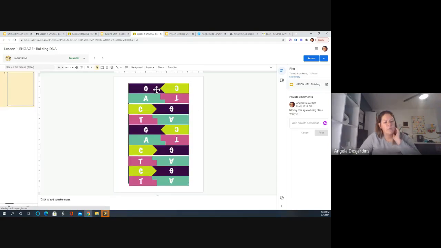Okay. So what do we notice about this direction and the way that those puzzle pieces are arranged and the way that they're facing? What does this column all have in common in the way that they're facing compared to this column?